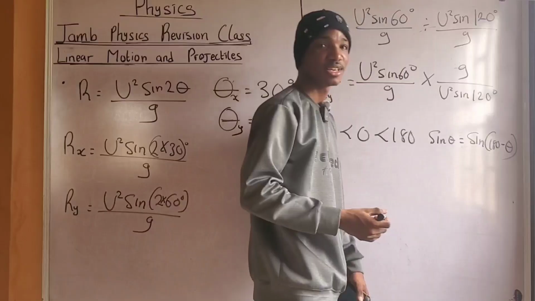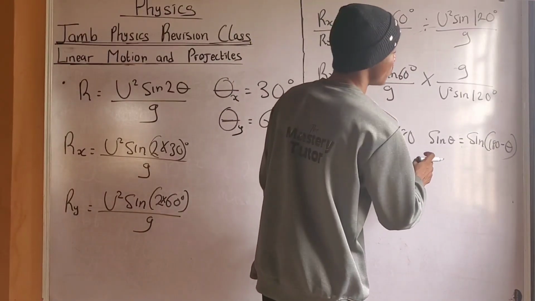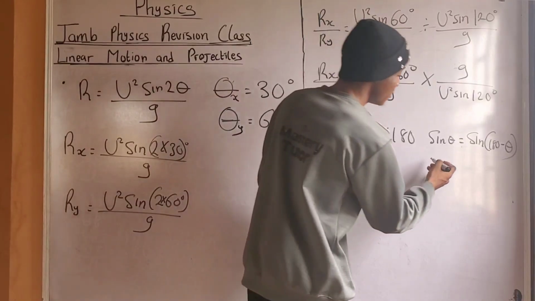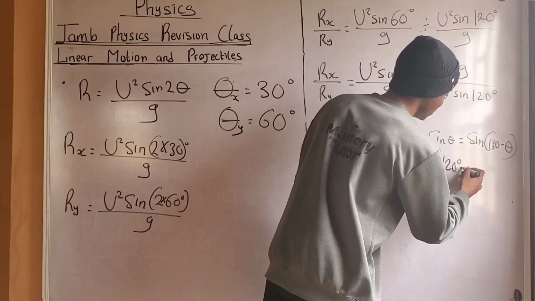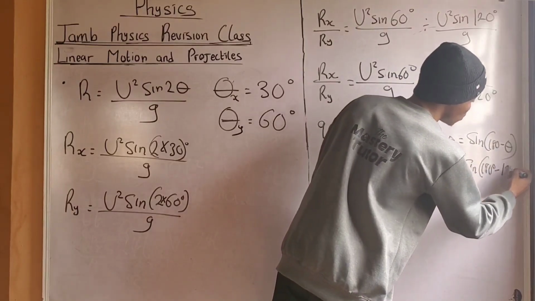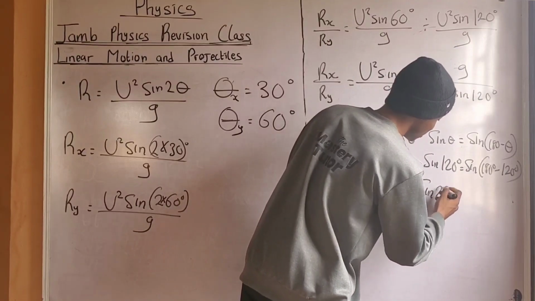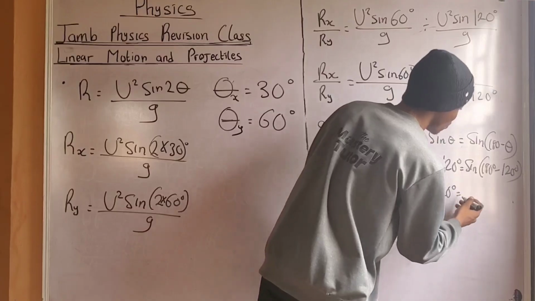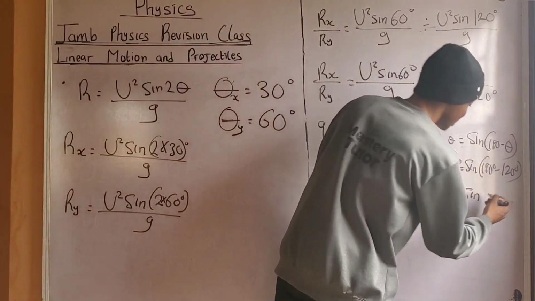So I'm going to use this property to rewrite sine 120 degrees as sine 60. Because if theta is 120, sine 120 degrees equals sine of 180 degrees minus 120 degrees, that is sine 60 degrees.